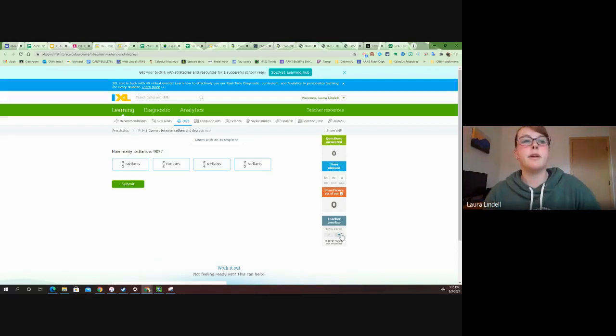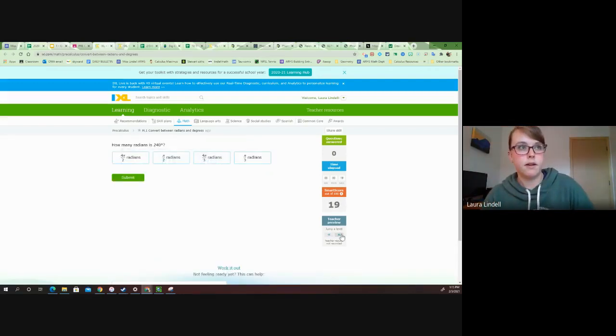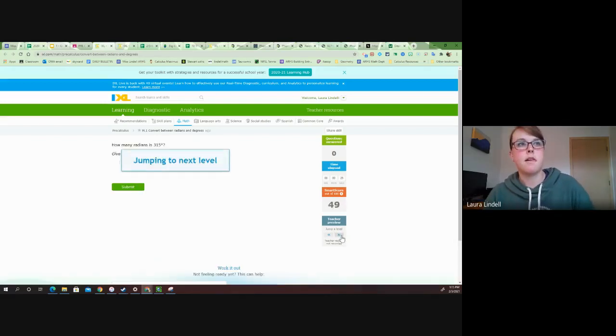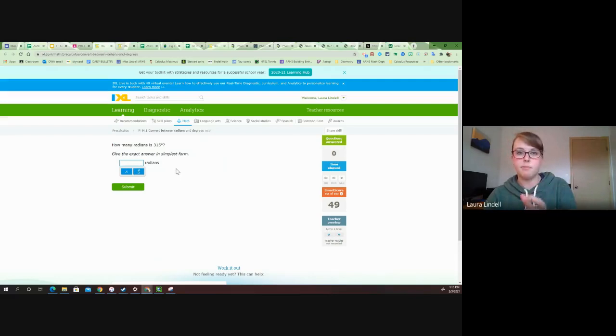And then as we go through to higher levels, it starts asking less common angles. It starts asking you to supply the answer instead of supplying options for you, making sure that it's in simplest form and whatnot.